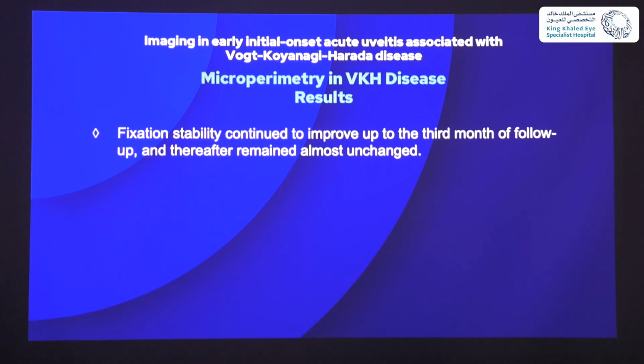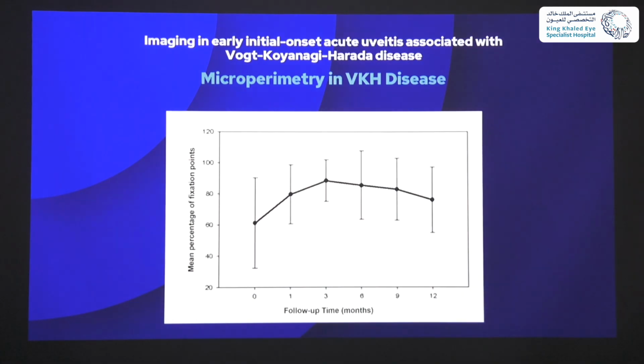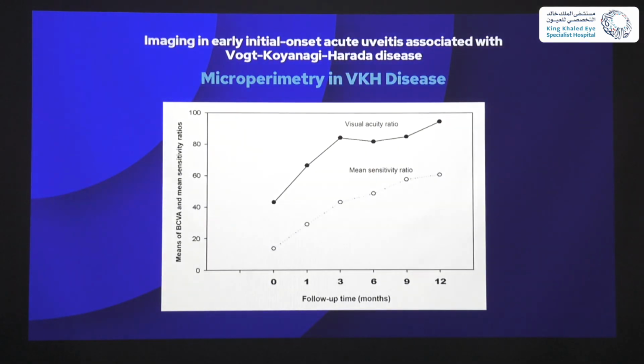Fixation stability, as I said, continued to improve up to 3 months and then remained the same. And then here we compared between the improvement in visual acuity, logMAR visual acuity, and sensitivity. And you can see that the visual acuity tends to improve faster, but the sensitivity slower.